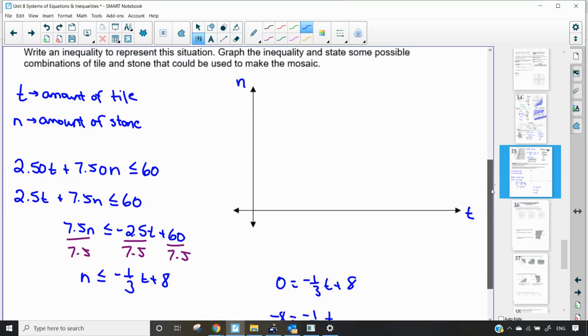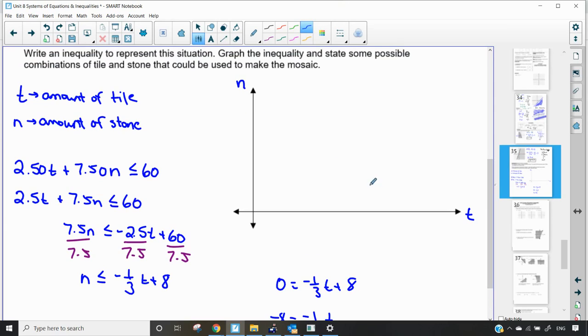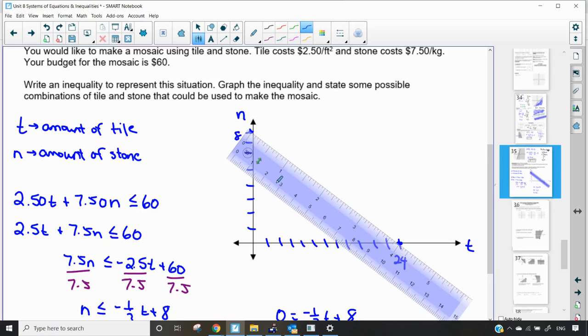So I know as I graph this that my y-intercept is going to be 8 and my x-intercept is going to be 24. So I'm going to go up by 1s, and I'm going to go up by 2s for T. And I know that those are my 2 points. Once again, using my ruler, I can draw my line.